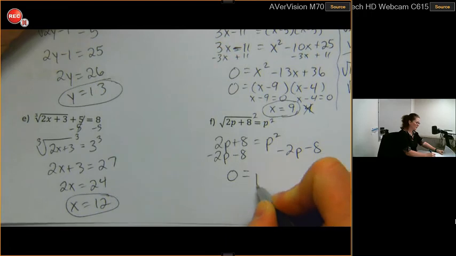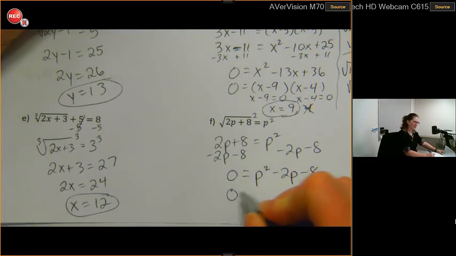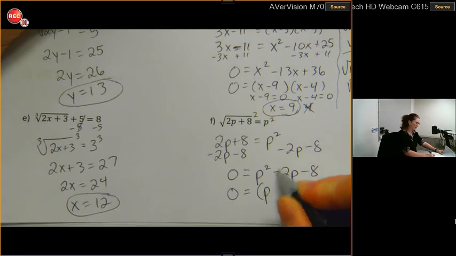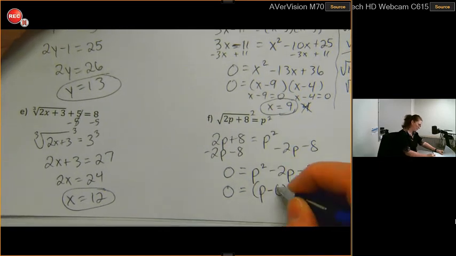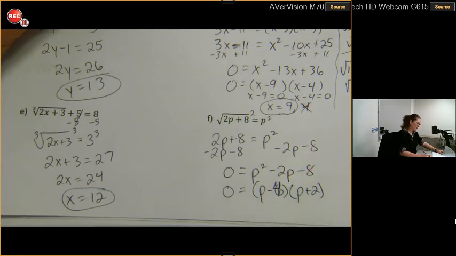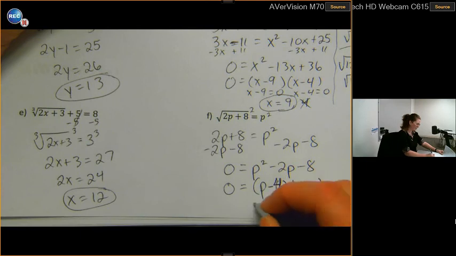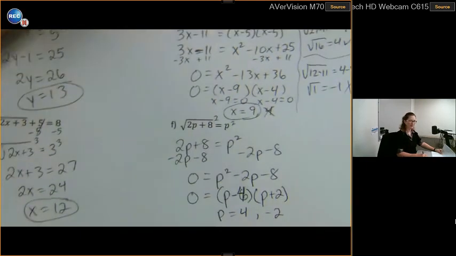So 0 equals p squared minus 2p minus 8. That factors, so I look for two numbers that multiply to negative 8 and add to negative 2, so I have negative 4 and positive 2. And then solving each of those, I get p equal to positive 4 and negative 2.